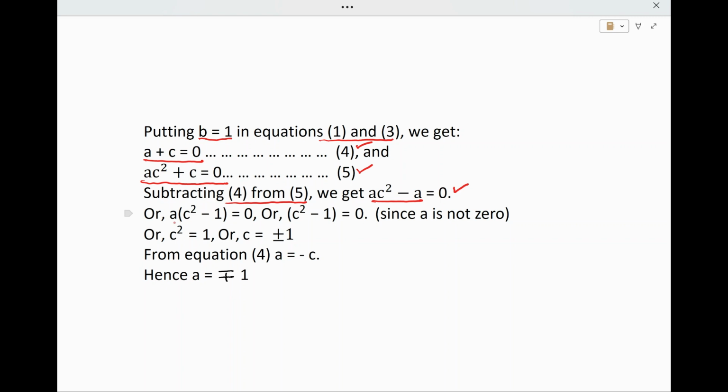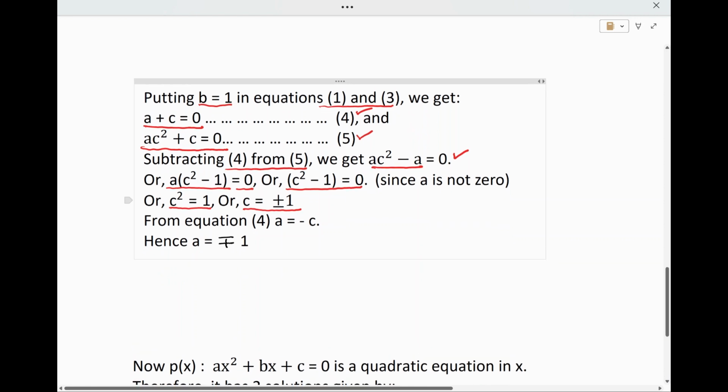Taking a common, we get a(c² − 1) = 0, and since a is not 0, we can divide both sides by a to get c² − 1 = 0. Or c² = 1, and therefore c has two values, plus 1 or minus 1.